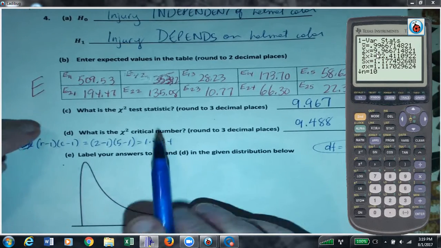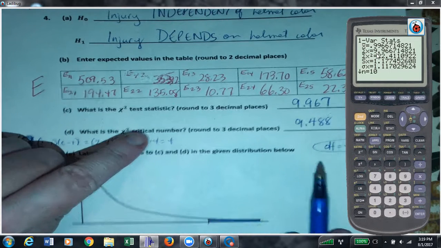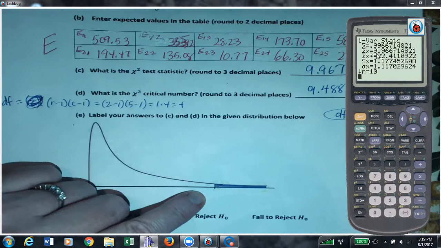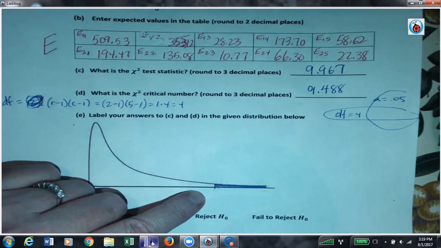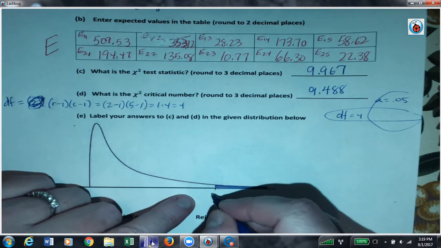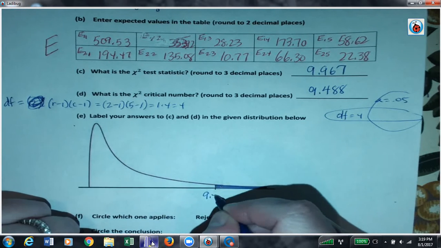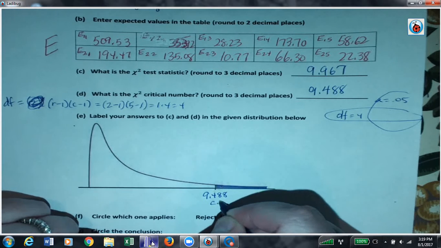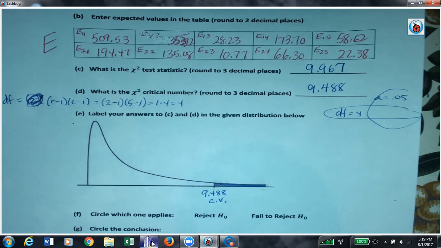Label your answers. The critical value is always the one that separates the rejection zone from the zone that's acceptable. So my critical value is 9.488.